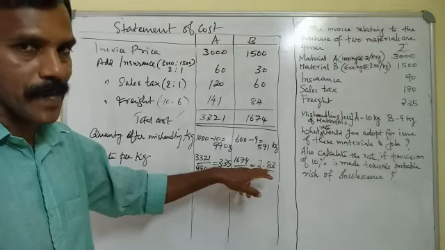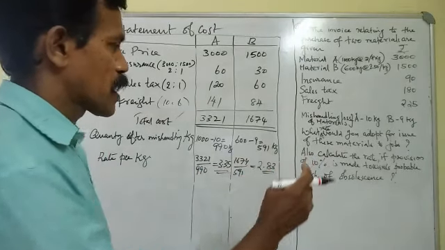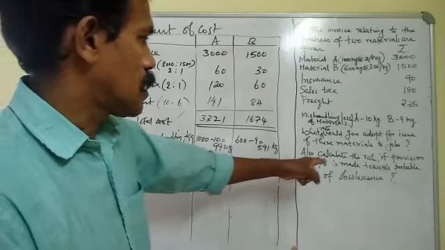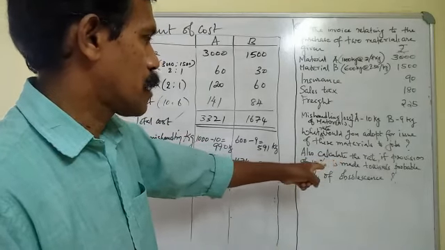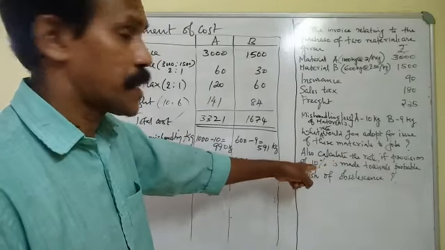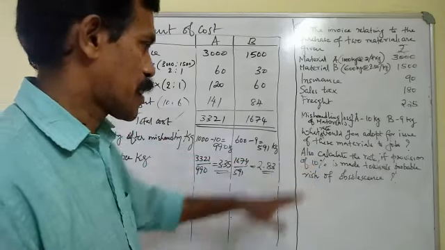Then next we have to calculate the rate per kilogram after obsolescence of 10% in quantity.